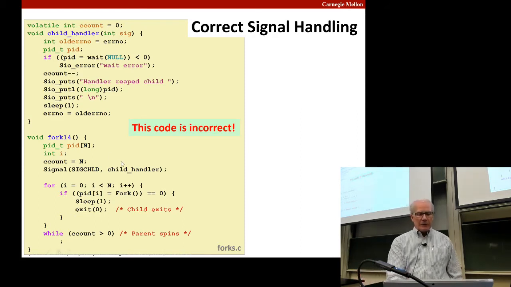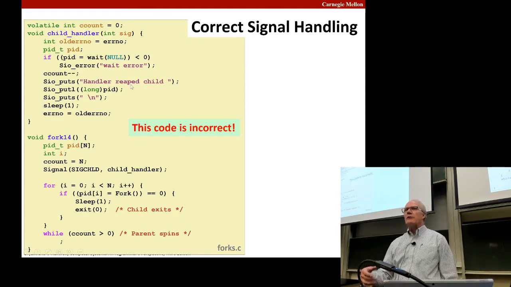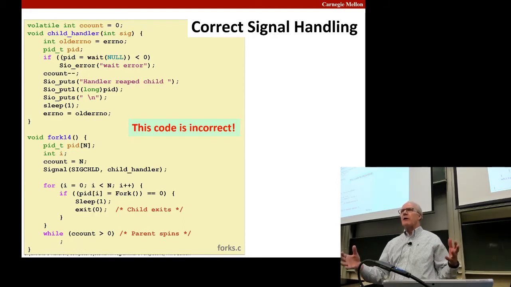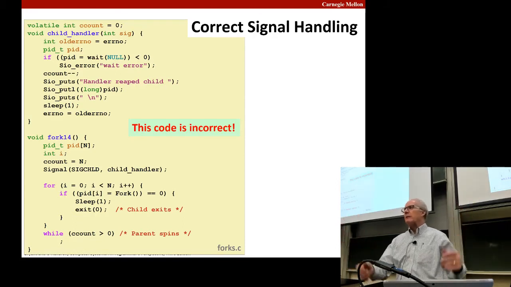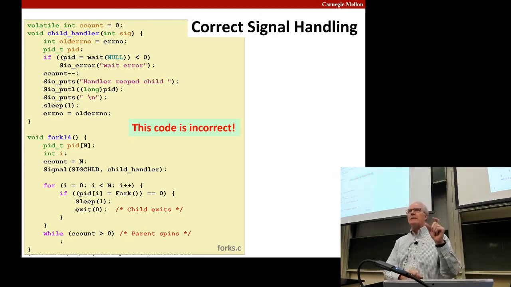What will happen is this program will potentially hang forever, because this count will never go to 0. It only goes down once per call of the child handler, but that child handler might be getting called because multiple children have exited. So it's this problem of not queuing, of just a single one.